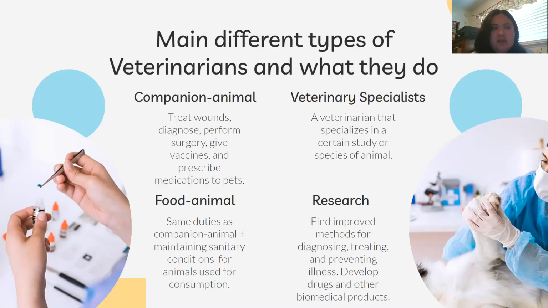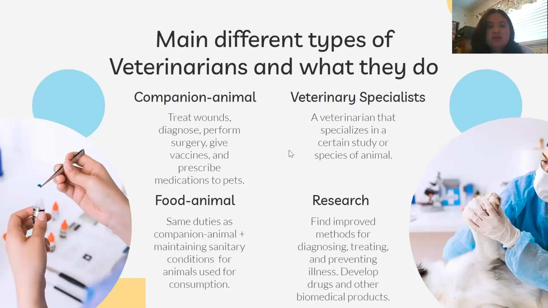Instead of being your general companion animal veterinarian, it would be somebody who's specifically an animal dentist, or specifically an animal eye doctor. And they can also specialize in a certain species of animal.